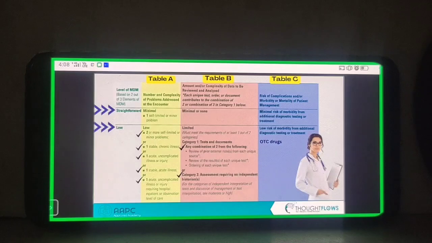So now read the levels of straightforward and low. If you have any doubt, please ask immediately, because I give 5 minutes. Read the entire table, that means just these two levels only. After that, I will ask some questions from these two levels.